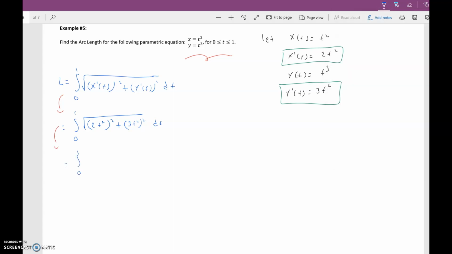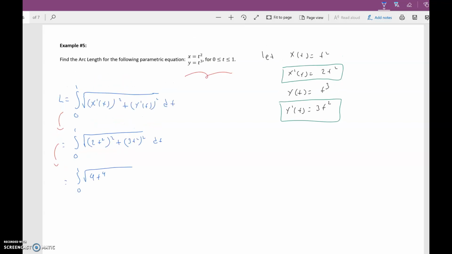You have 0 to 1 of the square root of 4t to the... no, this is just a t, so it'll be t to the first power. My apologies, that's a t. And then this is going to be a t squared, and then plus 9 t to the fourth, dt.